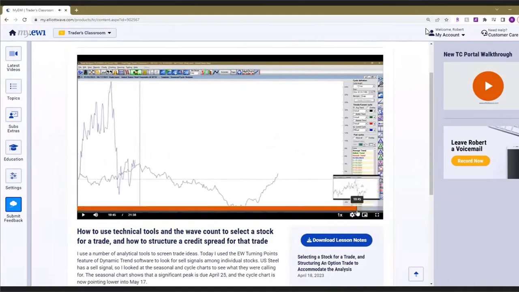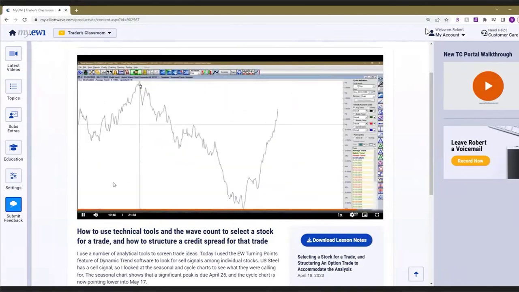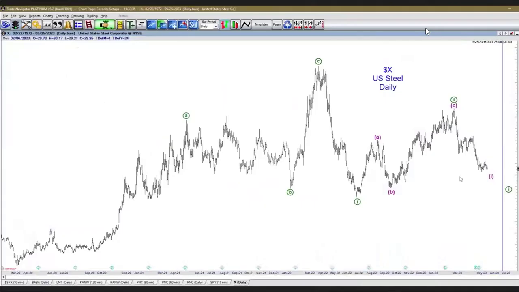That's a really negative seasonal chart right there. That's the high for the year, and then that's a big drop into like October, November. So a big seasonal down period still projected based on past price behavior in US Steel. So that was another tool that I combined to help me find that trade right there.